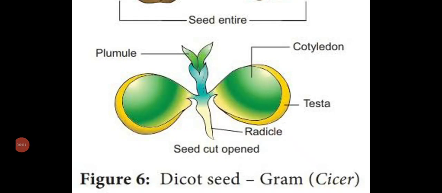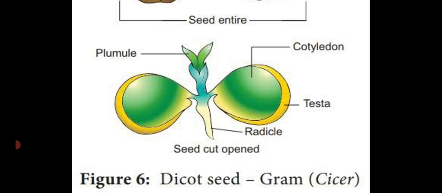Dear students, see the diagram. This is the dicot seed, that means the embryo. I told you 3 important regions. The lower part of the main axis is said to be radicle. From this radicle only, the root system is produced below the soil. Then at the lateral side, the oval shaped structure is known as cotyledon. 2 cotyledons are there. That's why the plants are named dicotyledon.